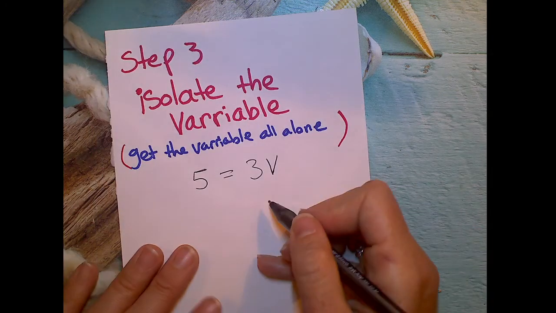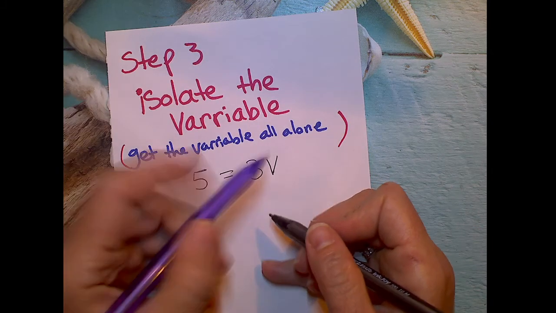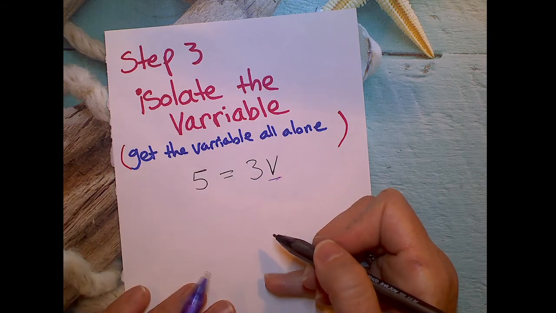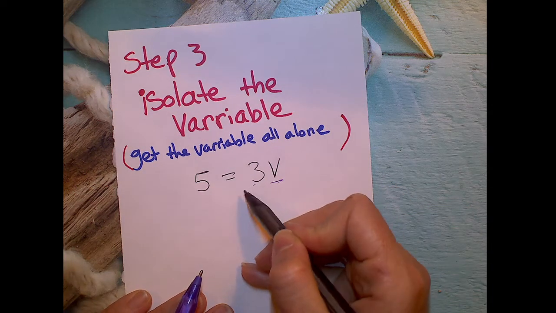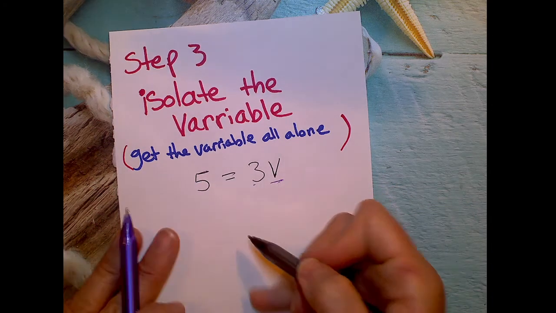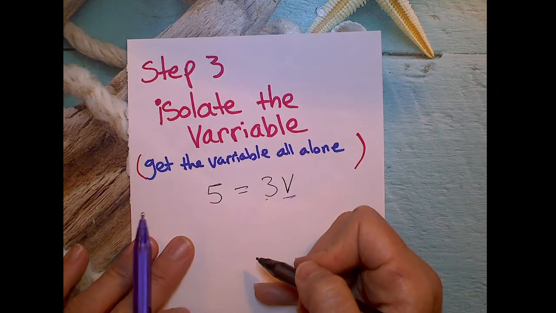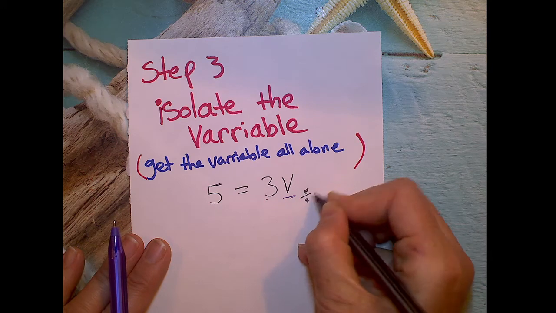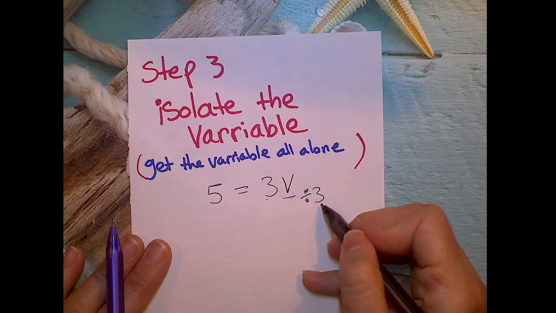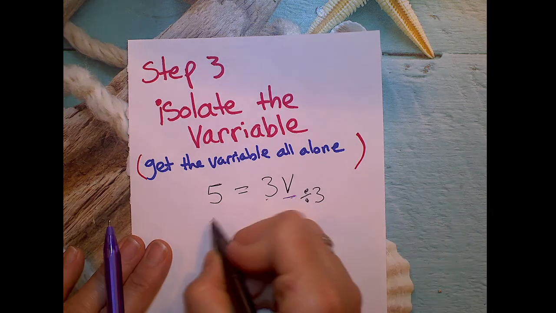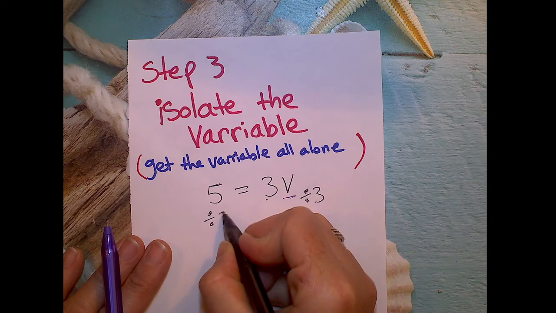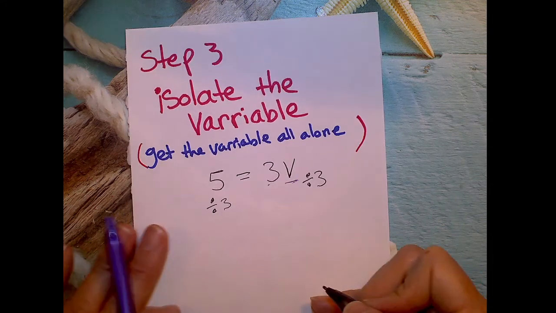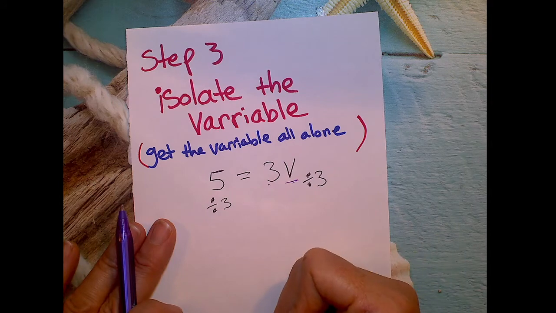How can I get this variable v all by itself? The 3 is the problem. 3v is the problem. I want to get rid of that 3. So here's what I'll do. I'm going to divide this side by 3, but what I do to this side, I have to do to the other side. So I'll divide this side by 3 too, as well, to keep my equation balanced.